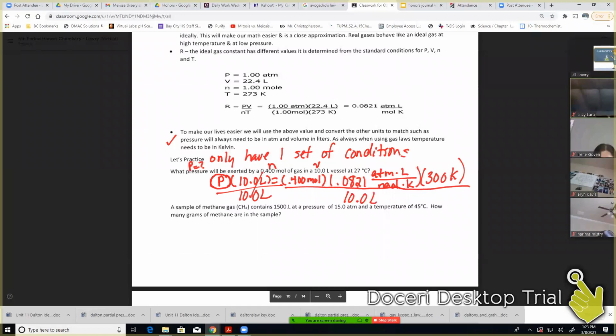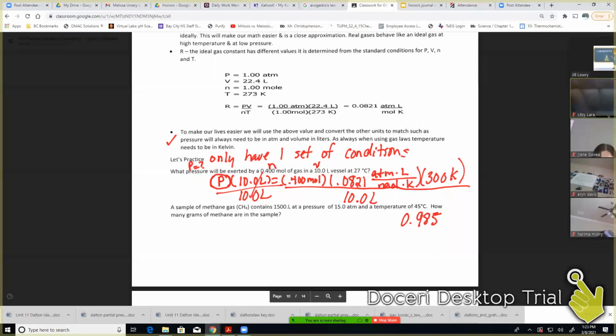So all of that's what goes in your calculator. 0.4 times 0.0821 times 300 divided by 10. And I think it was 3 sig figs. So I got 0.985.